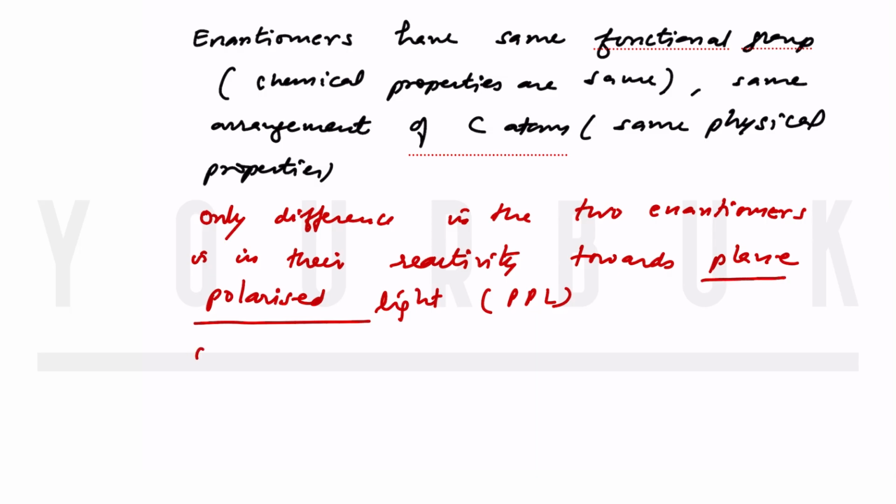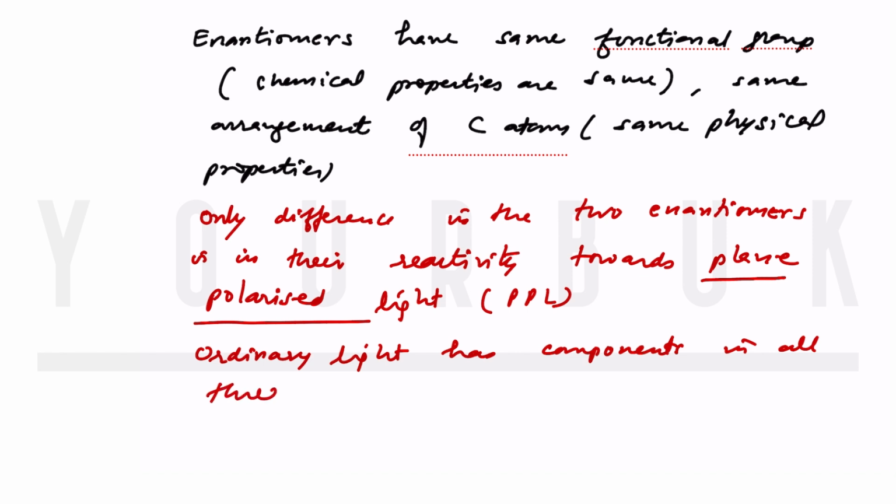Now, ordinary light, which we see in everyday life, has components, vibrations, oscillations in all three planes. So we represent ordinary light like this. This is ordinary light.